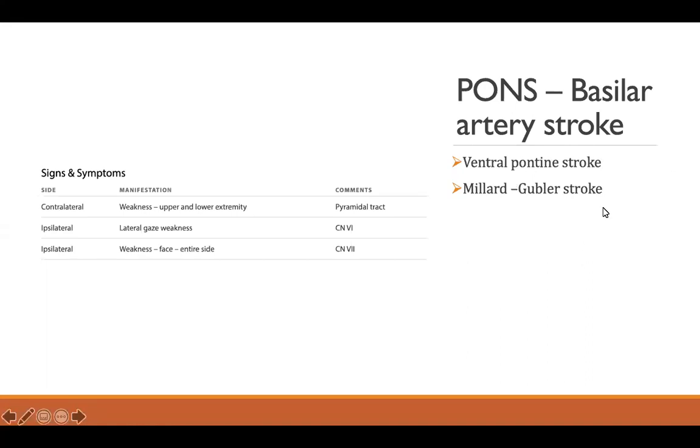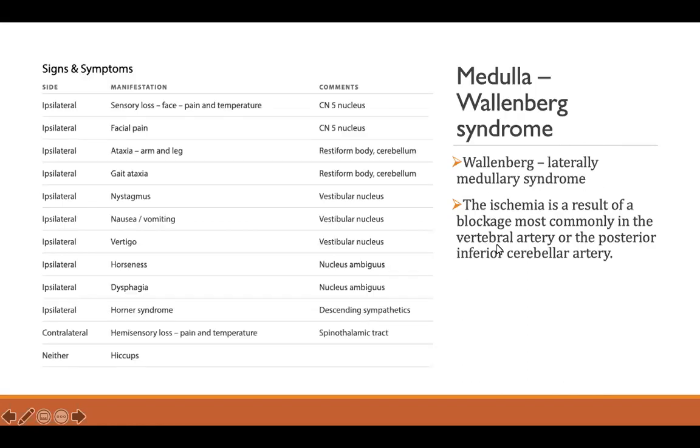I think it's best to keep it anatomical, so just call it ventral pontine stroke. And these are the effects that it can cause: a contralateral weakness because of effects on the pyramidal tract, an ipsilateral lateral gaze weakness because of effects on cranial nerve 6, and ipsilateral weakness of the face because of cranial nerve 7 effects. Okay. And then finally, we have a Wallenberg syndrome, which is a lateral medullary syndrome.